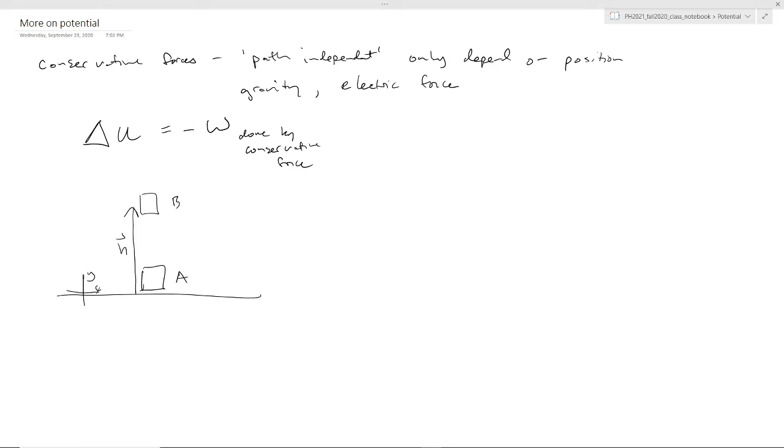The change in potential energy from this is mgh, or mgh minus mg at 0. And that's going to be equal to the negative work done by gravity.